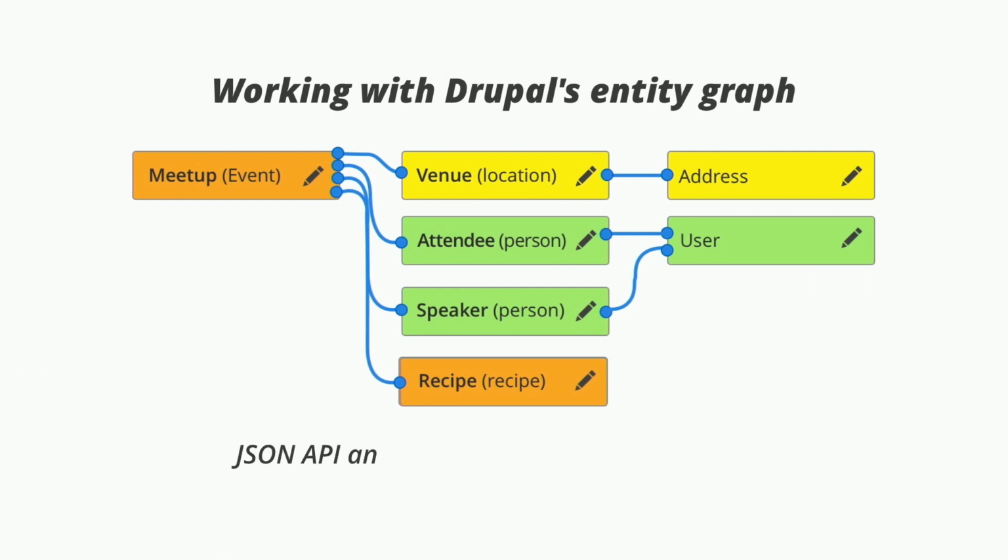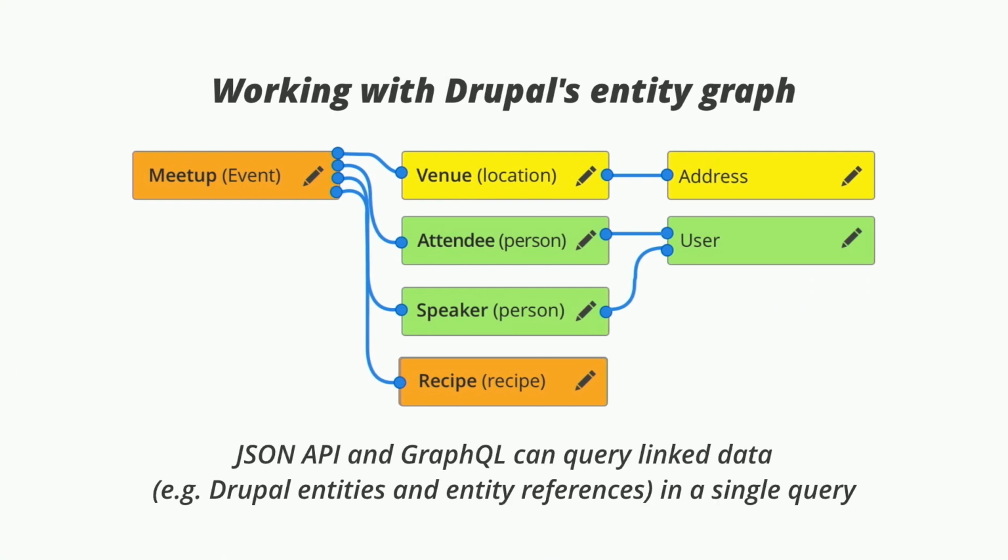I'm personally pretty excited about JSON API and GraphQL because, depending a little bit on the use case, it often provides a much better user experience, right? If you think about one of the core strengths of Drupal, it's our content modeling tools. The fact that we have entities and we can reference entities and we can build these kind of entity graphs, if you want to call it that way. And so with the REST API, it's a little bit cumbersome to get all of that data.